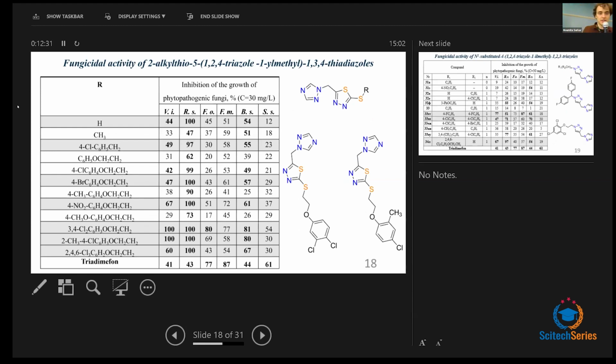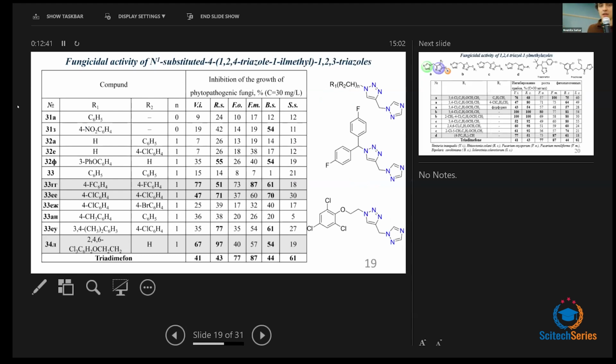You can see that more than 6 compounds are really good and better than triadimefon. 1,2,3-triazoles isn't so active. I think it's a problem of this ring.